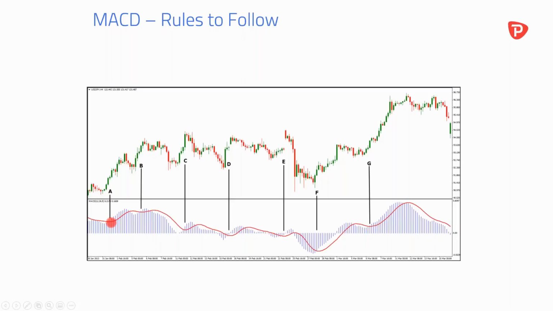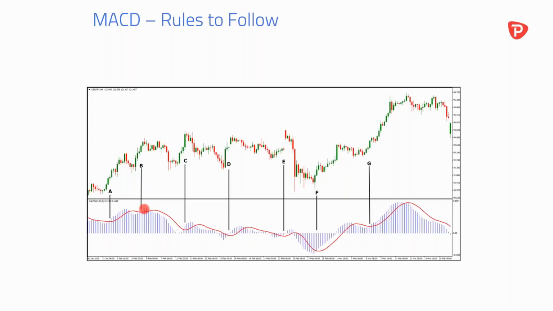Now, the most basic of MACD rules to follow if you want to trade a very basic MACD system, and it does work in scalping markets as well as in trending markets, is when the signal line enters the histogram like it has here at A, you go long. And at B, you can see that it has entered the histogram to go long.